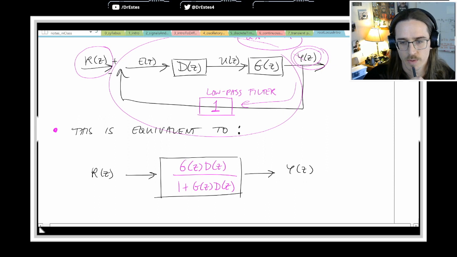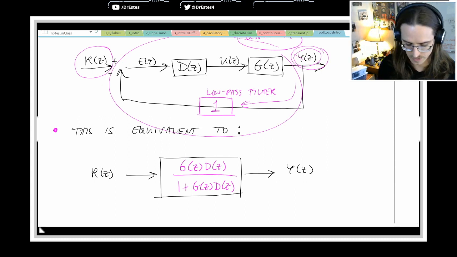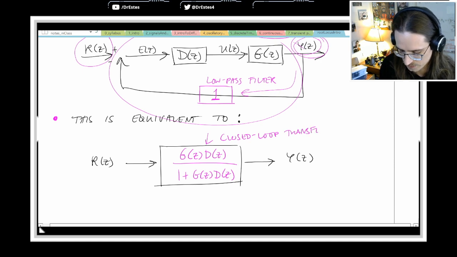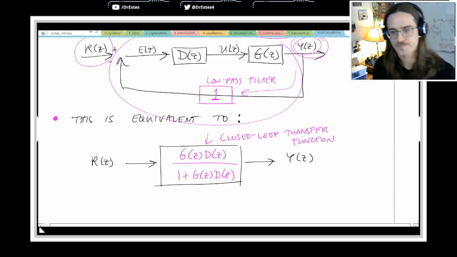And so we derived that a couple class periods ago. So whenever you see this feedback loop, you could just say, well, basically it's this closed loop transfer function that relates the reference to the output over here.